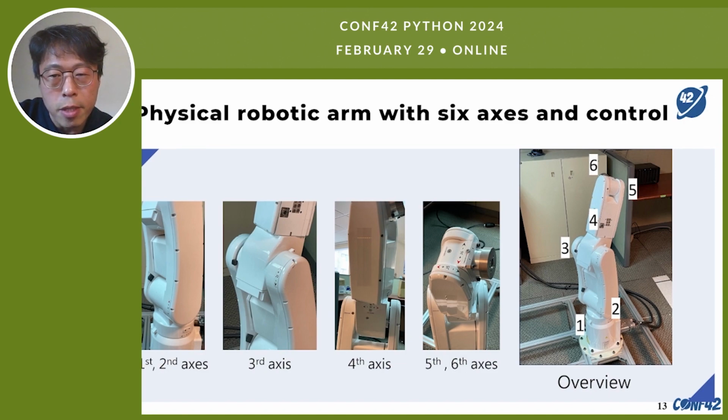Yeah, it's a big one, almost as tall as half of an adult body. So each axis to see each picture, and overall it has 6 axes in this robotic arm.